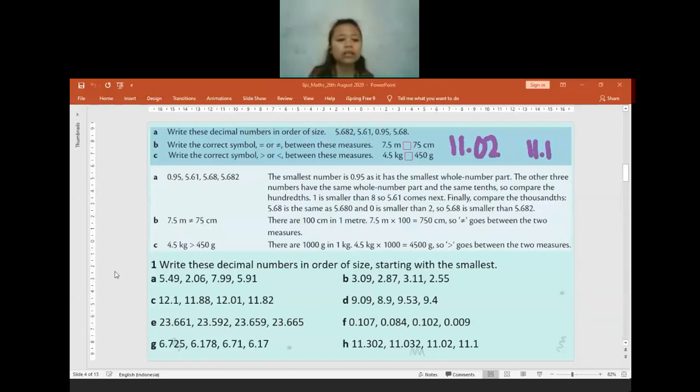This is the one that has no decimal place, they are already the same, 11. So after that, we need to check the digit after the decimal place. This is 0. This is 1. So which one is bigger? Of course, the one having the number 1. So 11.1 will be bigger than 11.02.